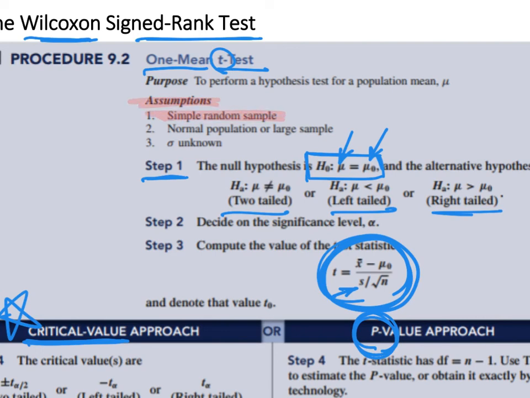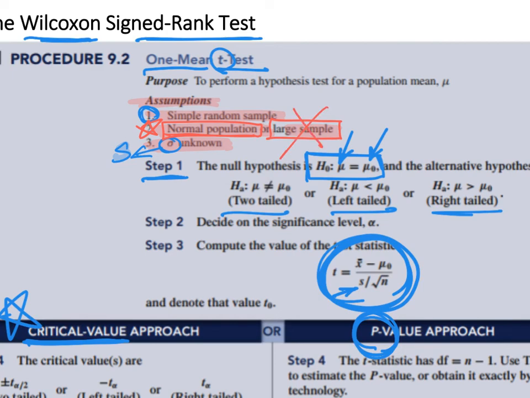Simple random sample, the very first one, and the second one is a normal population or a large sample, and the sigma is unknown, so now we use the S. Most of the time we have a simple random sample, but the most important one is the normal population or large sample. In this example, we had only 10 samples. Absolutely, it is not large.